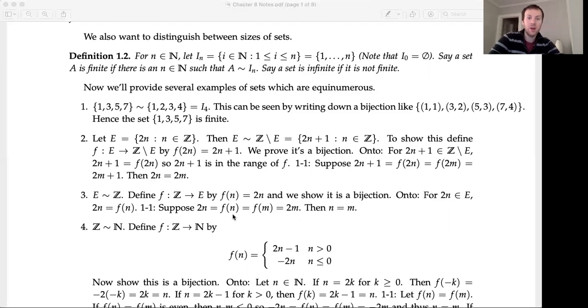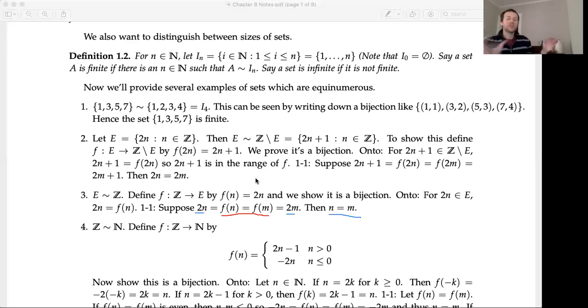To show it's 1-to-1, if you assume that you have two numbers whose outputs are the same, then that means that 2n and 2m are equal, but dividing both sides by 2 gets us that n and m are equal.